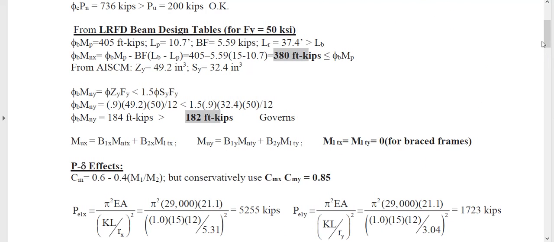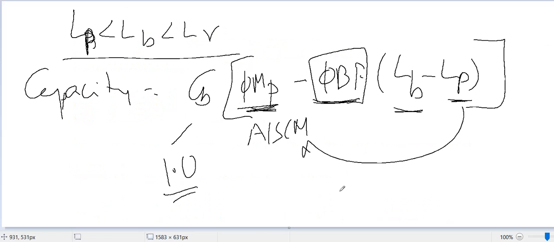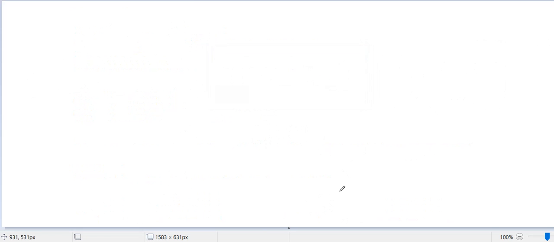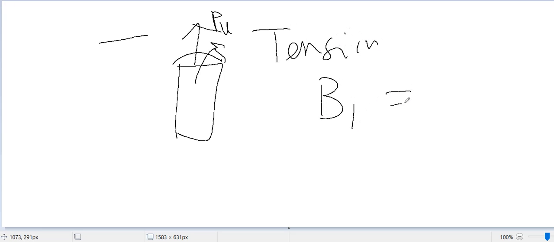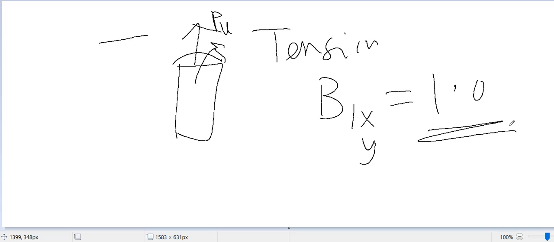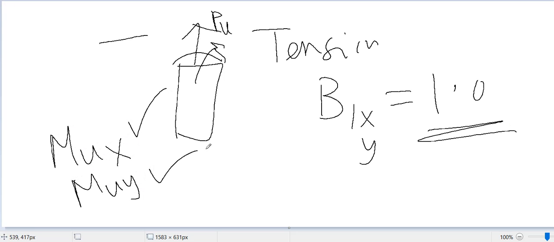Again to remind you, for tension, if load is given in tension, whatever your moment, that doesn't matter. B1 on x or y, simply do not worry about it. Just whatever your moment given, that is done, and everything else will remain the same.